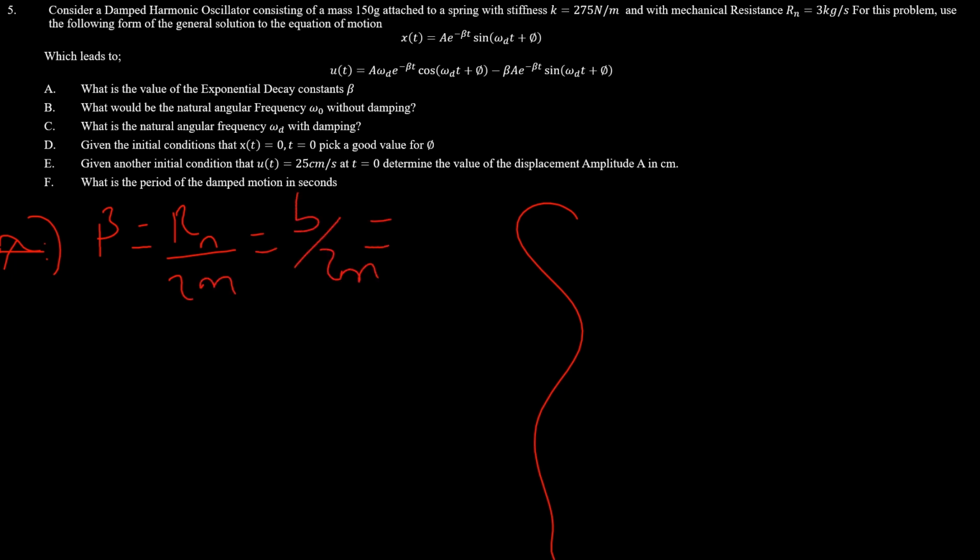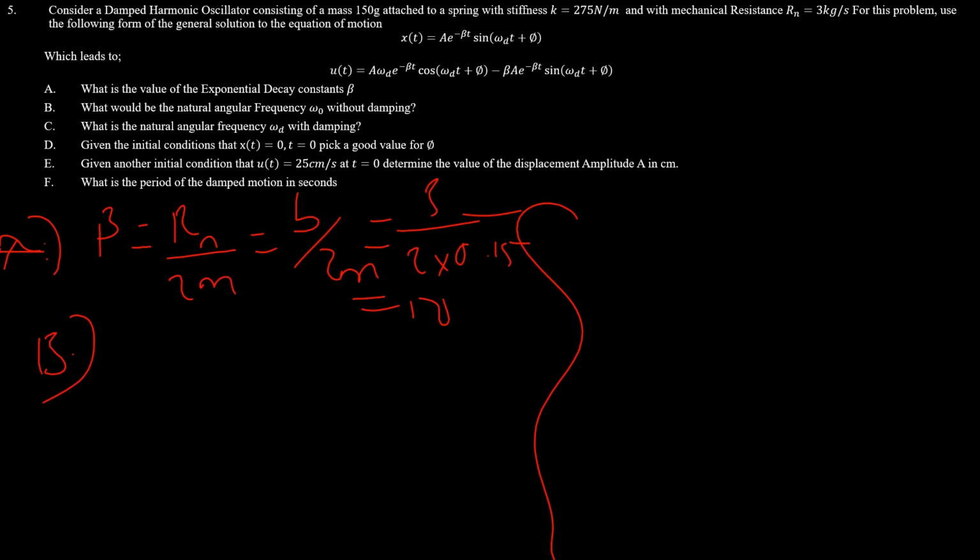So put your b, the b we're given is 3, over 2 times your mass converted to kg, which is 0.15. I think this answer should become 10, if I'm not mistaken. So 2 times 0.15 is 0.3. So 3 over 0.3 should be 10.